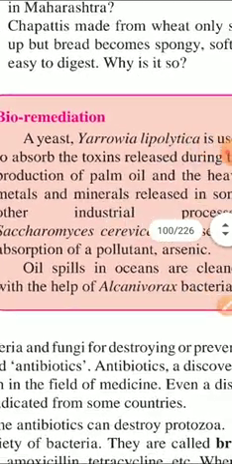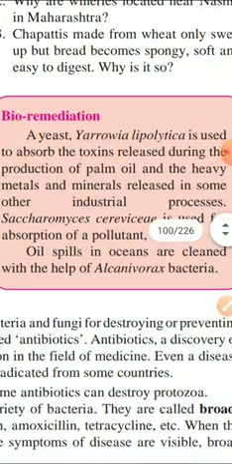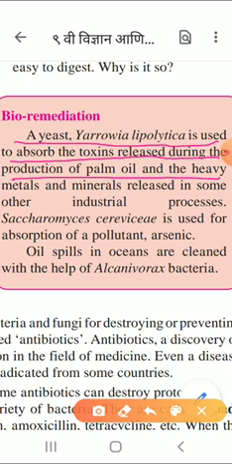Now I'll just underline for you here, children. First of all, we will see a yeast called Yarrowia lipolytica, that is used to absorb the toxins released during the production of palm oil, as well as absorbing heavy metals in industrial processes.